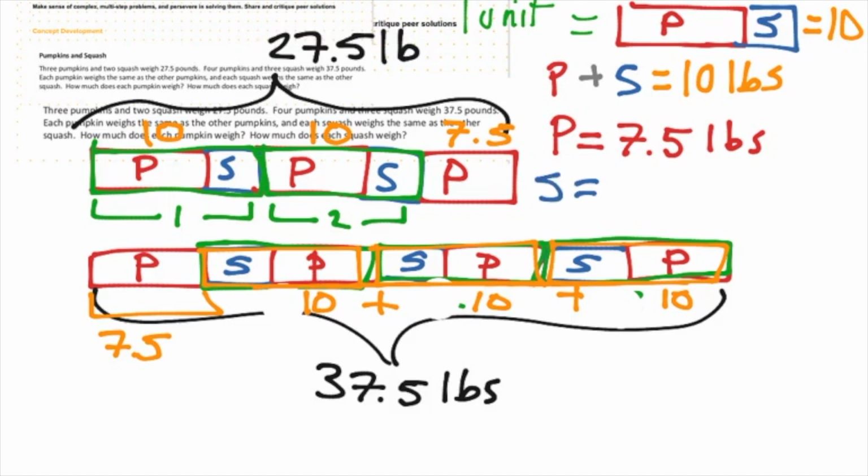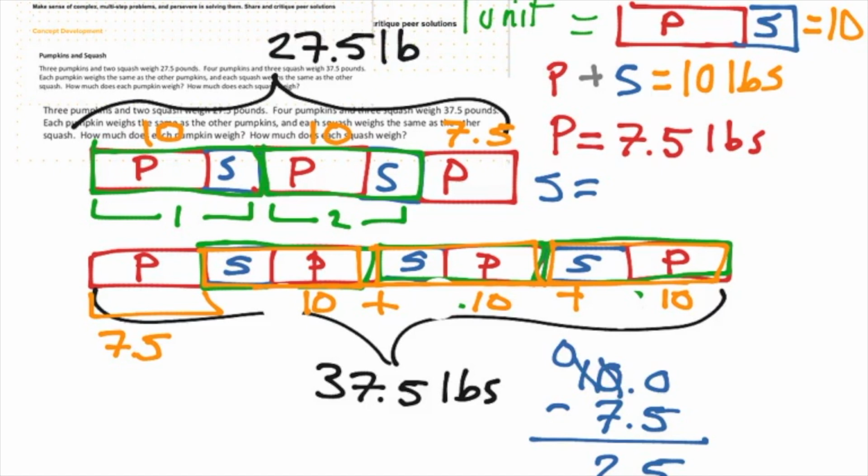So I'm thinking, how am I going to figure this out? The pumpkin and the squash together are 10 pounds. And if I subtract my 7.5 pounds, you are going to end up getting your answer of 2.5 pounds, right? Because you're going to borrow and you are going to end up getting 2.5 pounds.